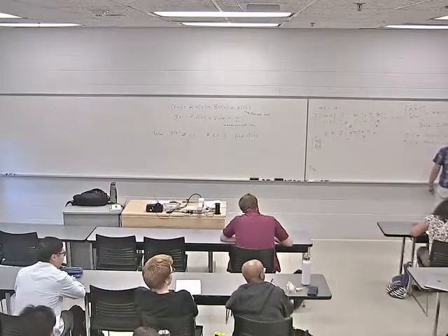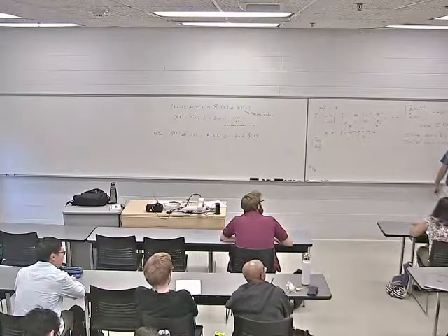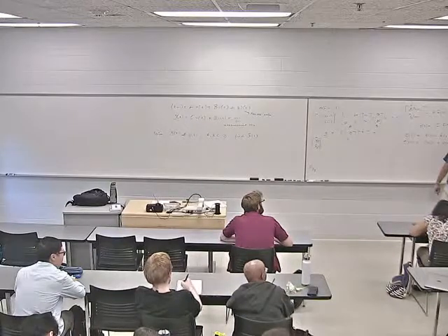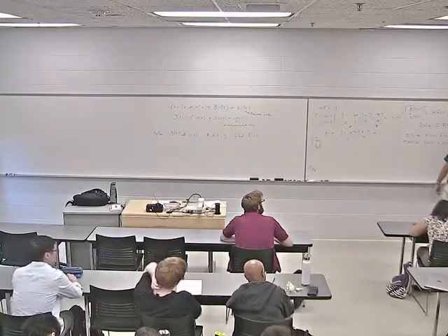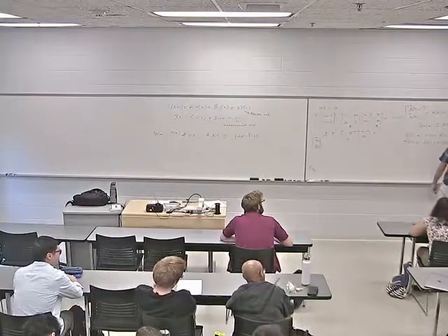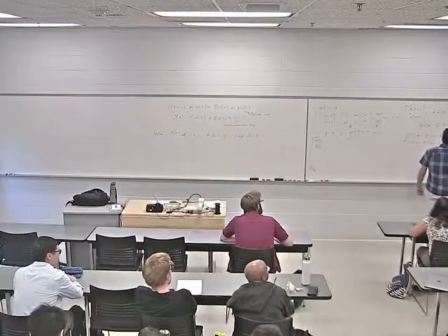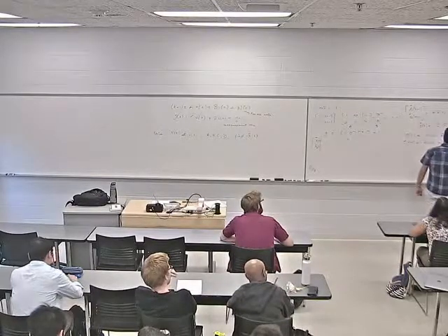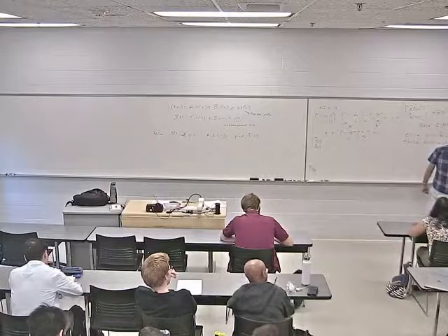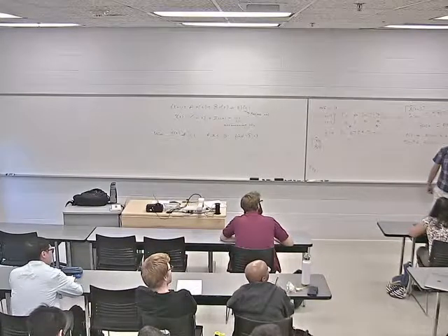And y is Cx plus v, and this guy is C x hat. Let me write it. So this would be minus K C e of k and minus K v, I guess.